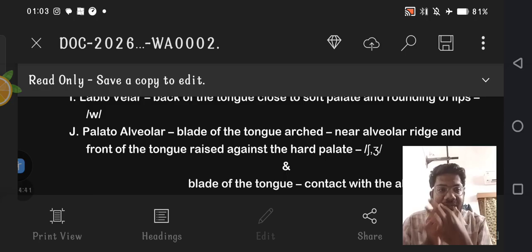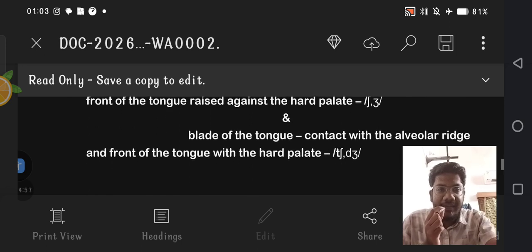Both the sides of the tongue are arched near the alveolar ridge area, and the front of the tongue is raised against the hard palate. Sh, zh, and even the other variant, where the blade of the tongue comes in contact with the alveolar ridge and the front of the tongue with the hard palate. Ch, j.